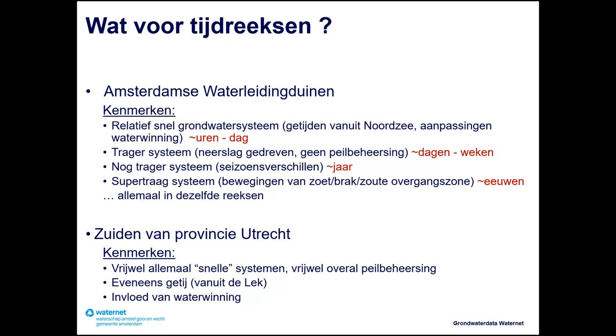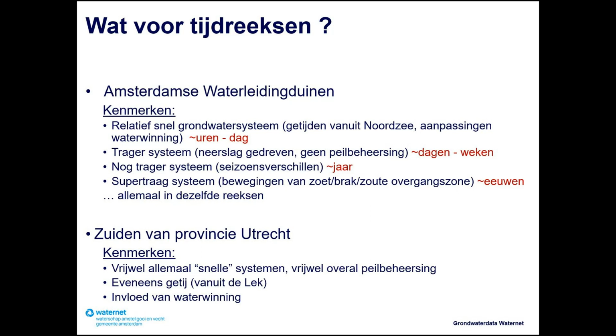The specs of those data: we have several sorts of groundwater flow systems there. Can you see the pictures? We have what hydrogeologists call very fast systems, but it's still just hours to days. That's about tides in the North Sea and very quick adaptations of the groundwater recovery system.